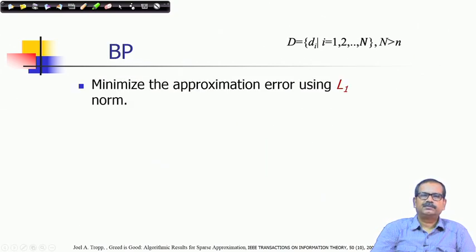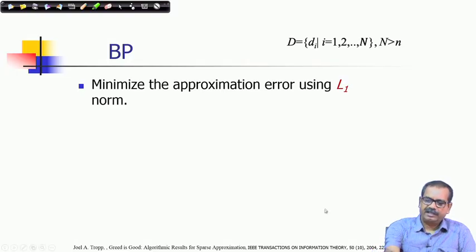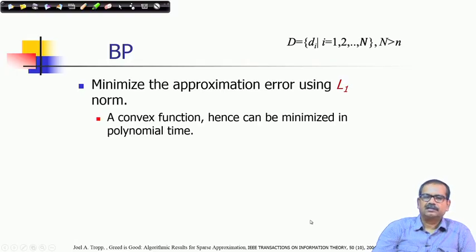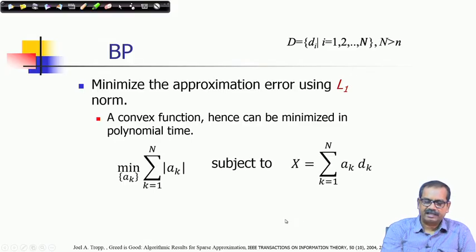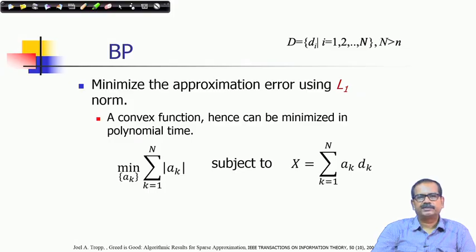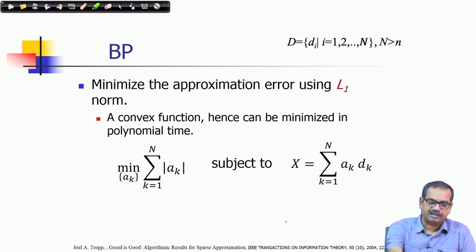Basis pursuit problem is different from orthogonal matching pursuit problem. It minimizes the approximation error using L1 norm, and that too L1 norm on the coefficients of representation, that means the coefficients of the linear combination, and it gives you a convex function, and hence it can be minimized in polynomial time. This is the problem statement: you are trying to minimize the sum of coefficients representing the signal, and by that you will achieve a sparse representation.